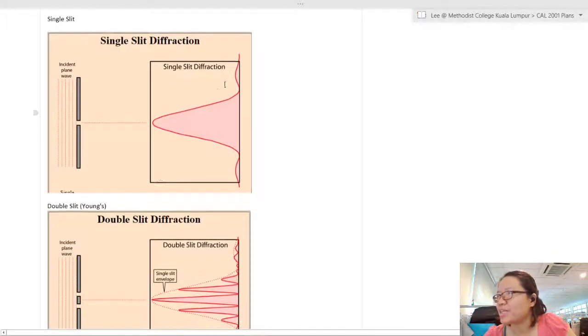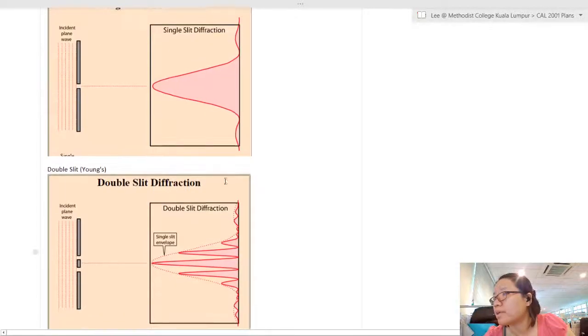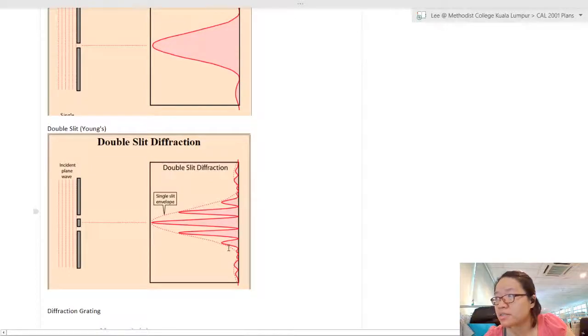So single slit looks like this. Sometimes they can ask you an objective. Double slit, you will get something like this. If you remember, you actually did a question about loudspeaker regarding this. Equation for this would be x equals lambda D over a. I'm going to label all the distances for you.